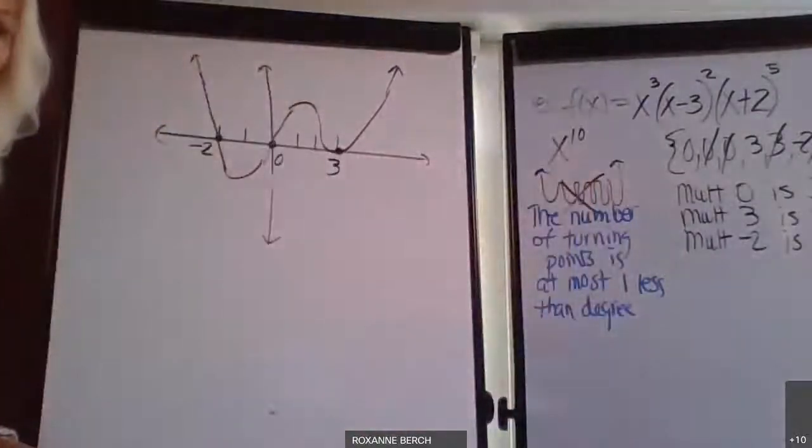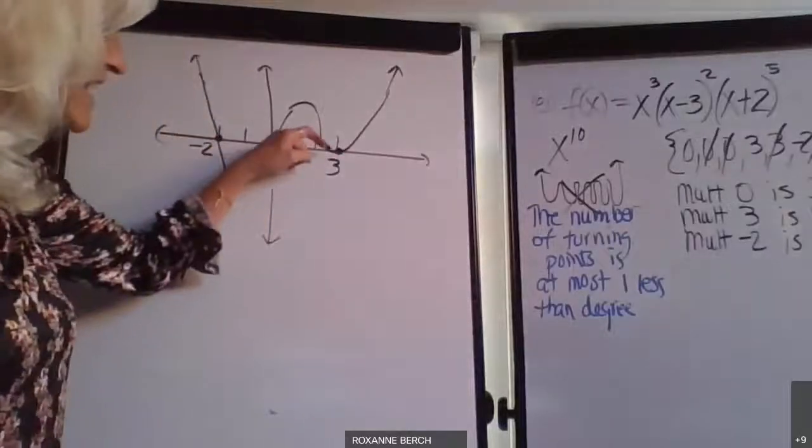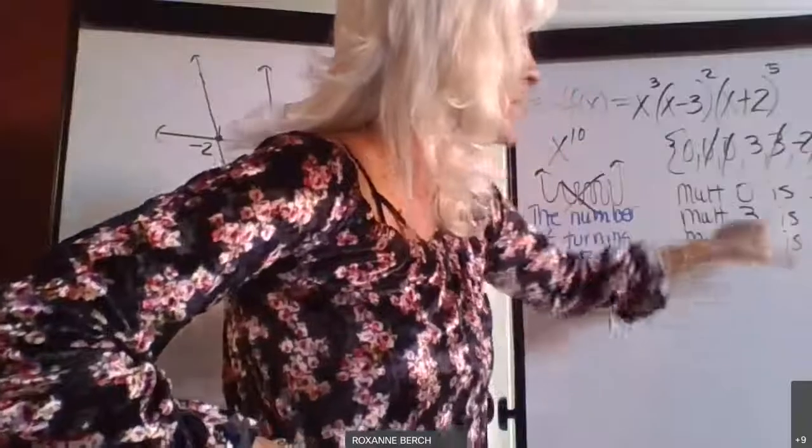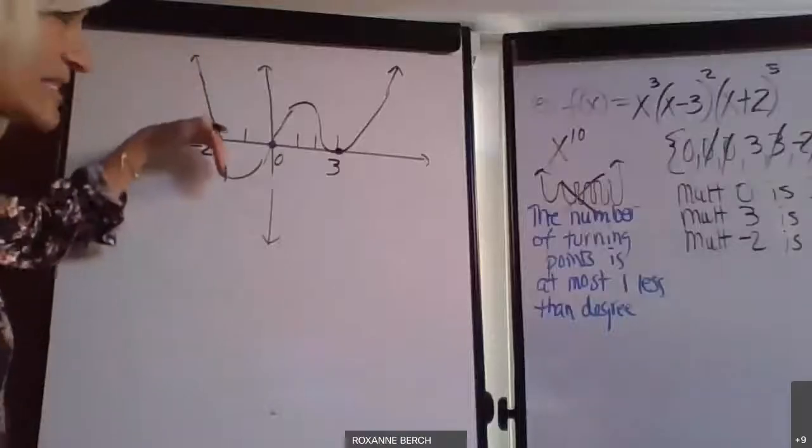Ms. Birch, when it's an even number, it just touches and turns, or does it cross the x-axis? No, you're right. When it's even, it touches it, gets scared and goes back. Then how does it cross right there at negative 2? Because negative 2 is odd. Remember, at negative 2 there was 5, right? So at negative 2, it's odd, so it crosses.